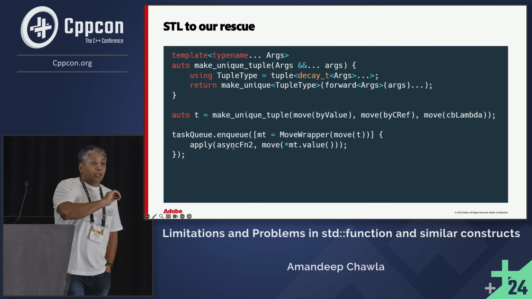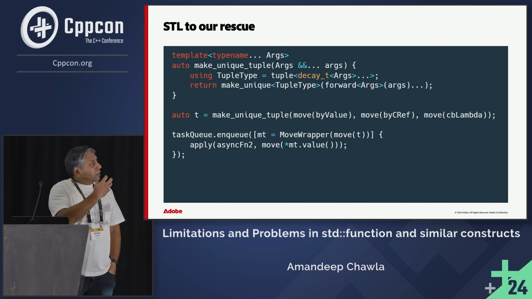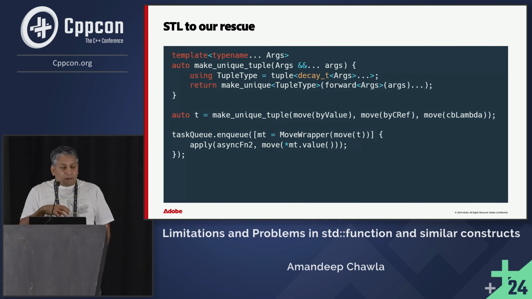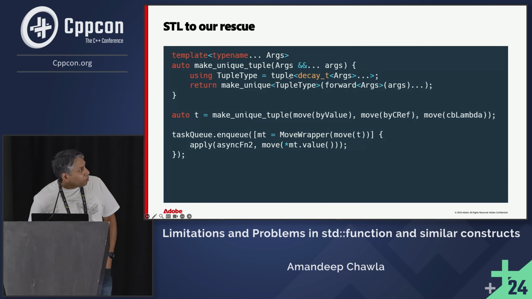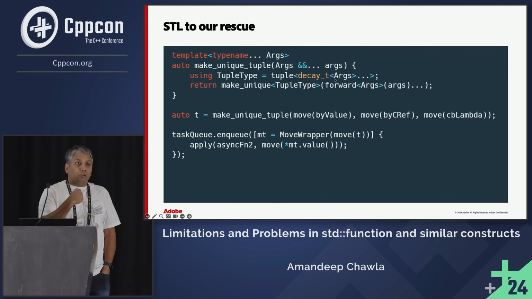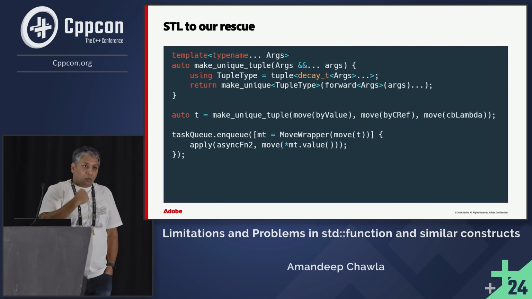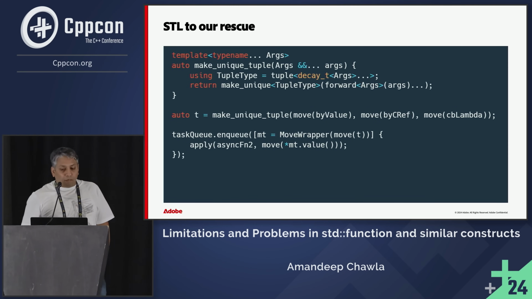But this is just one step to make you understand how tuples can be used to store the values. So if you see, when I'm creating tuples, I am decaying the type of the args so that everything in the tuple is stored by value. If I just pass some reference, it will not be by reference. It will be the actual value. The tuple will contain the actual value.